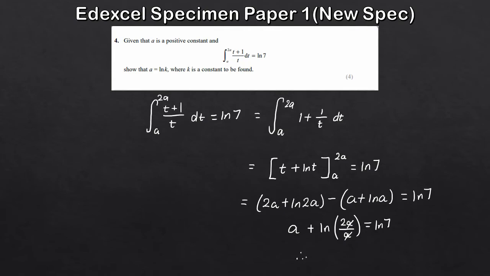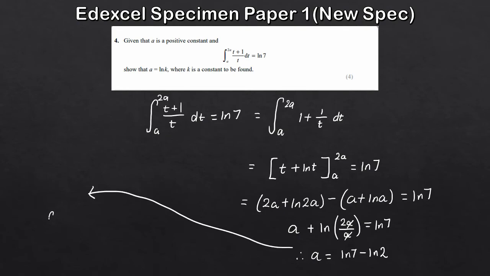So therefore, if we simplify and just isolate a here, solving for a essentially, we get a equals ln 7. Remember, this is just ln 2 now. So ln 7 minus ln 2. But a should just be equal to ln k, where k is a constant. So again, laws of logarithms. What about this as a single logarithm?